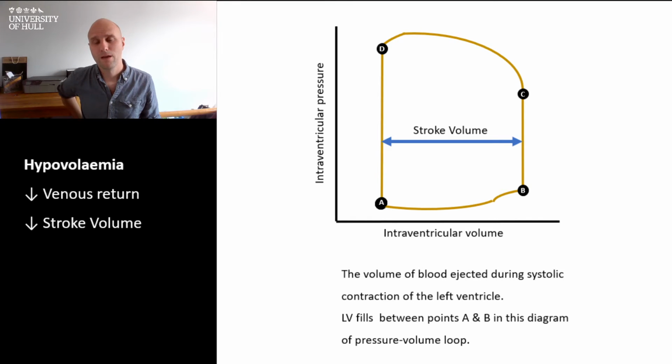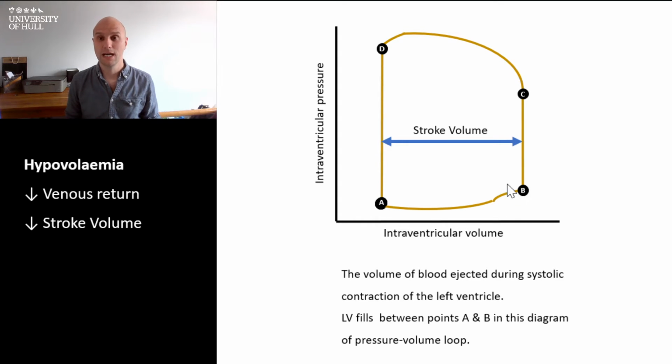Now, if you recall from previous teaching sessions, we looked at the pressure volume curve, and here it is. You'll recall that between points A and B, when the mitral valve's open, the left ventricle can fill.